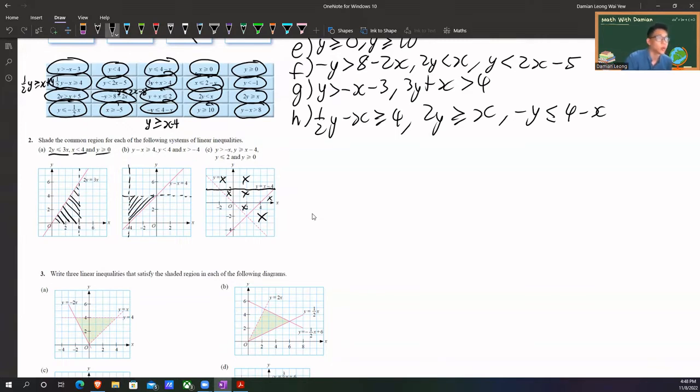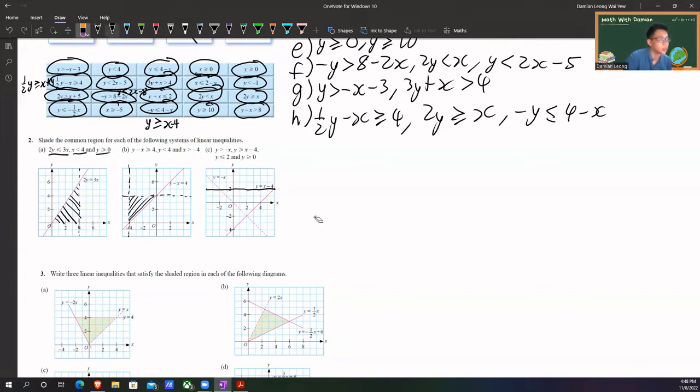Then y more or equals x minus 4, more than the solid line here, so above this solid line, so it cannot be these two. Y less or equals 2, y equals 2 here, less means below, so it cannot be these two. Y more or equals 0, more means above, so it cannot be here. So it's this region here.